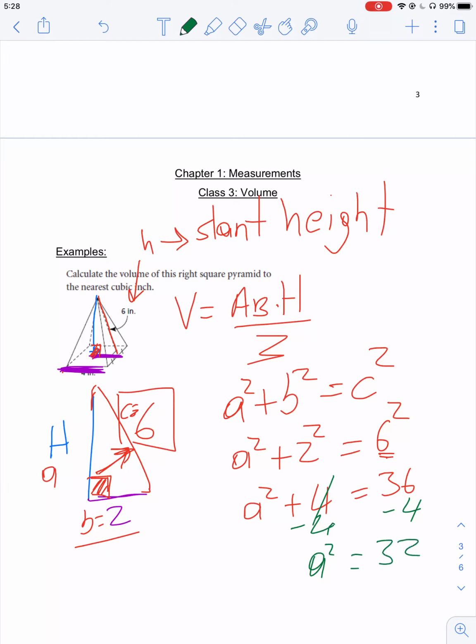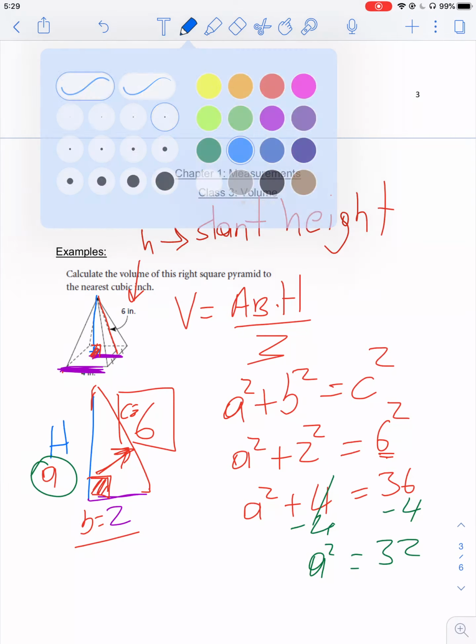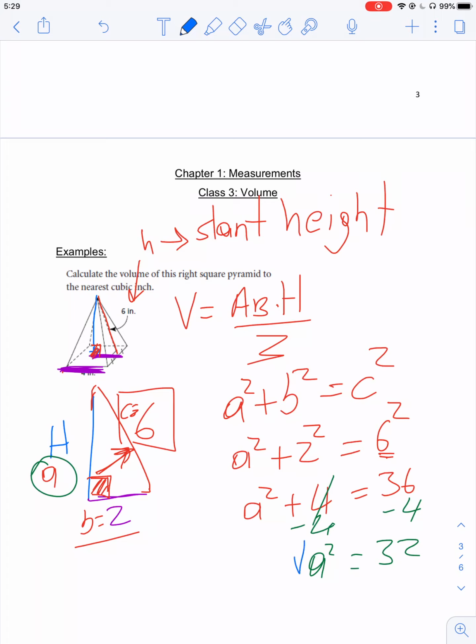32, okay? But I am not interested in a squared, I'm actually interested in a, right? So you have to get rid of your squared by taking the inverse. The inverse of squared is square root. So a is approximately, it's going to be an irrational number. Square root of 32 is 5.66.